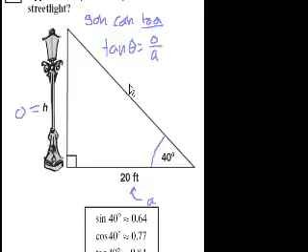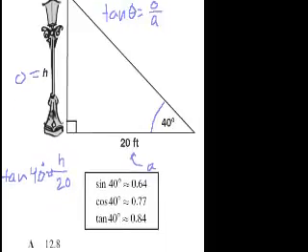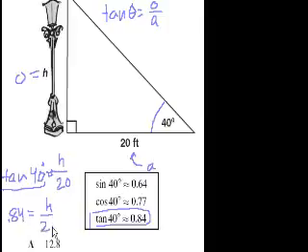In this case, tangent of 40 degrees is going to be equal to the opposite, h, which is what we're trying to solve for, over the adjacent, which is 20 feet. Tan of 40 degrees isn't something most people have memorized, and that's okay because they gave it to us. Tangent of 40 degrees is 0.84. So we get 0.84 is equal to h over 20.